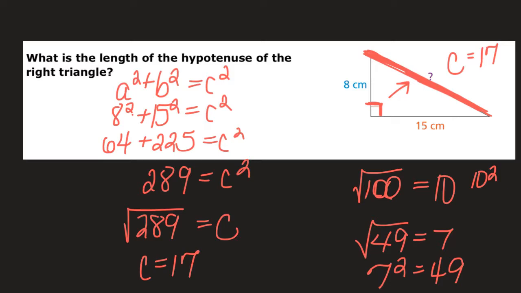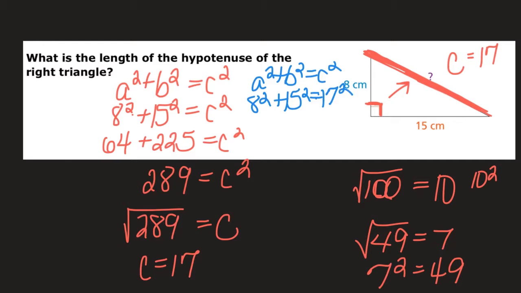Now I can substitute to check it. Y'all know I'm a big fan of substituting. This is the proof part of my theorem. I'm saying that C is 17. So if I substitute my numbers into the theorem, then it should come out equal. So my theorem, A squared plus B squared equals C squared, where I said A is 8, I said B is 15, and now I have said C is 17.